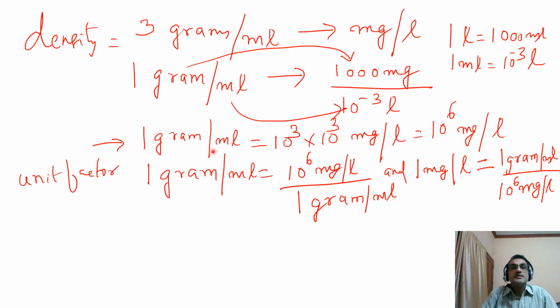Just see this. The unit factor we have to derive from this. 1 gram per ml is equal to 10 raised to 6 milligrams per liter. We have identified 1 gram per ml is equal to 10 raised to 6 milligrams per liter.